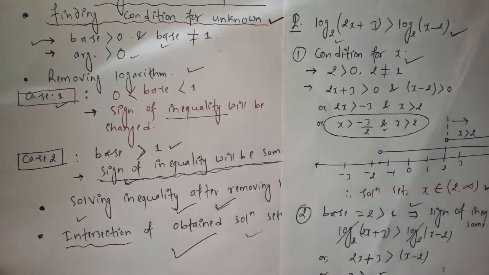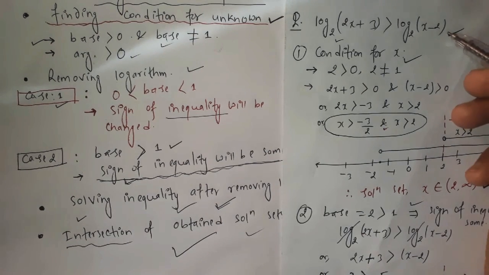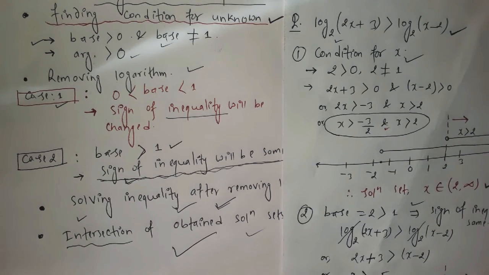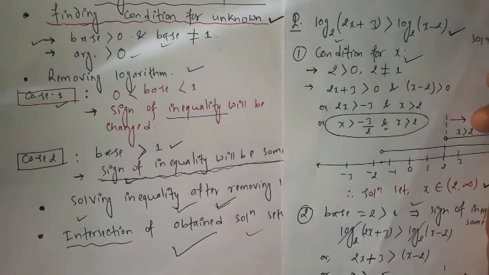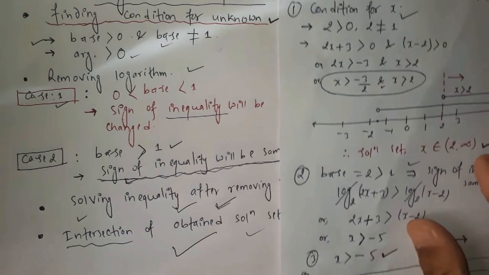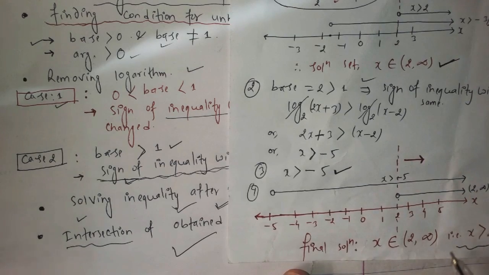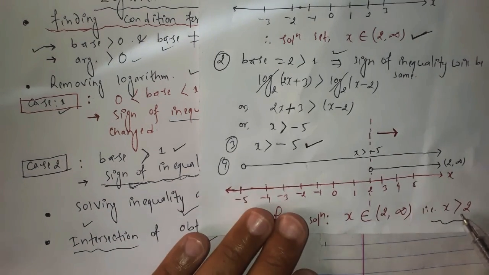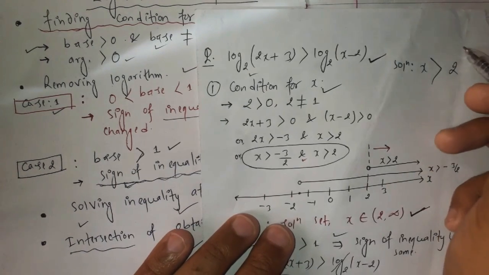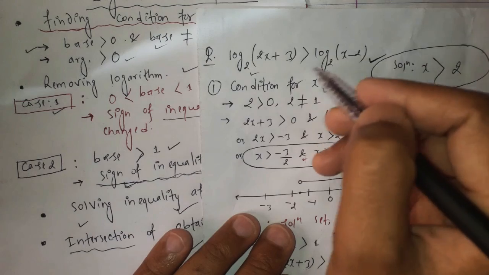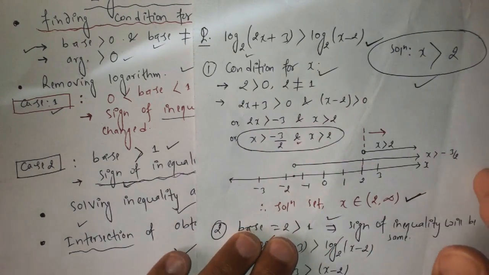We used these 4 steps to solve this particular problem, and finally we have the value of x. The final solution is x is greater than 2. This is the solution set for the given logarithmic inequality.